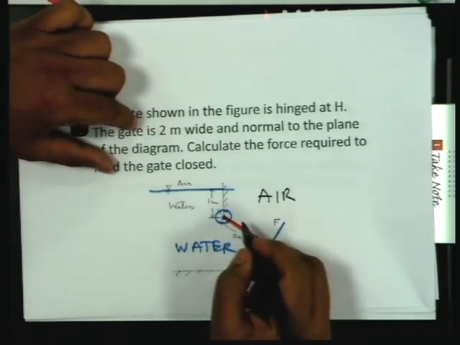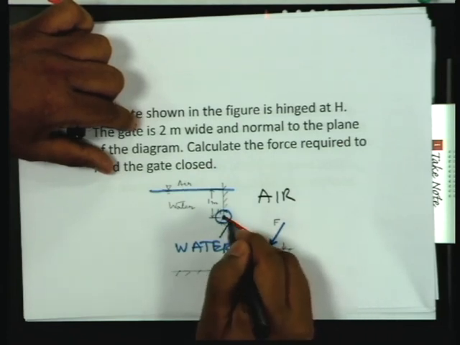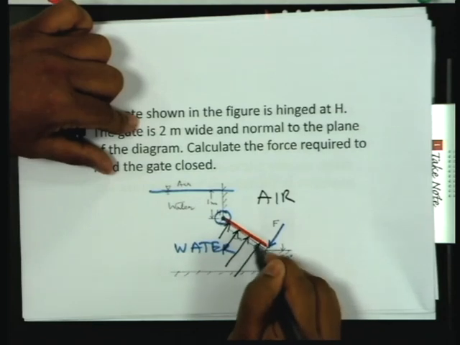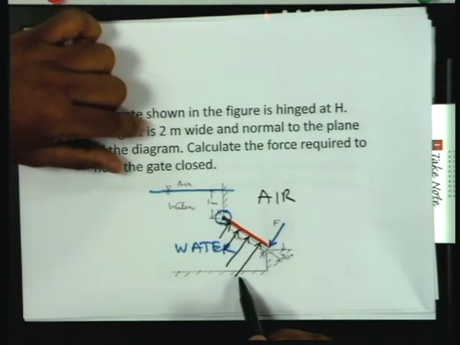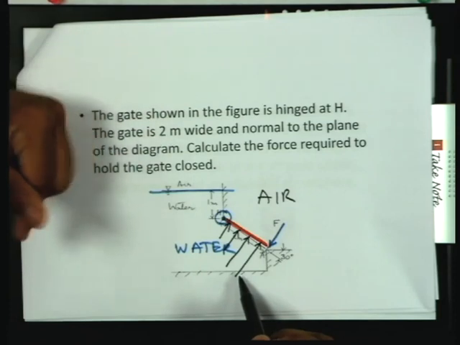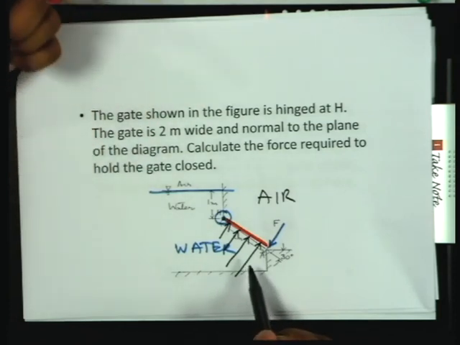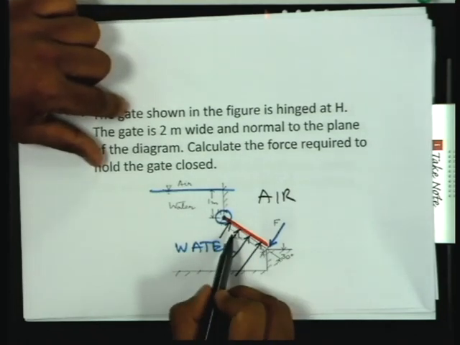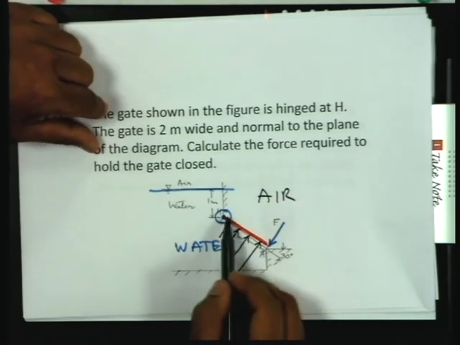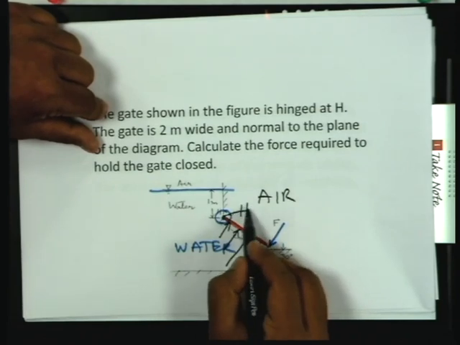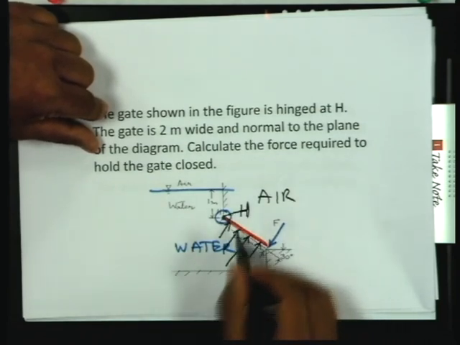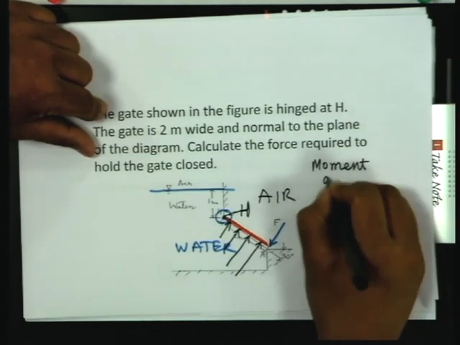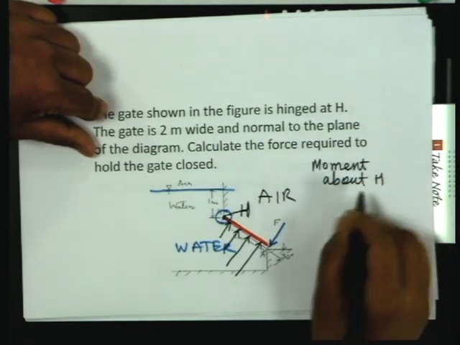Now, pressure will act normally on the surface of the gate as shown. The increasing length of the lines indicates that the force increases with depth because the pressure increases with depth. So, what you need to do is a moment balance about the point H. The moment about point H will have two contributions.